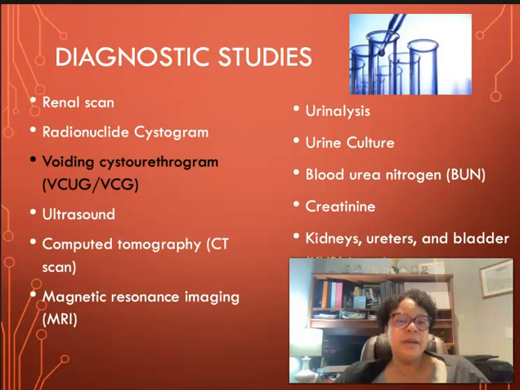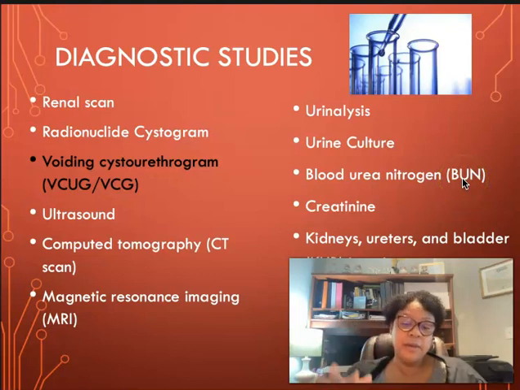Renal scans, cystogram, basically these are all ways that we're scanning to see if there's anything going on in the urinary tract system. A cystogram looks specifically at the bladder. A VCUG is basically an injection of dye and seeing how the dye goes through and comes out.